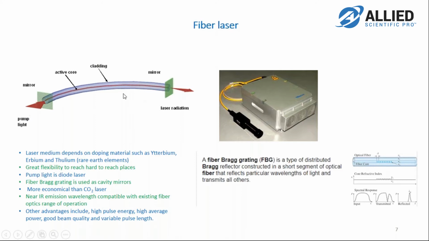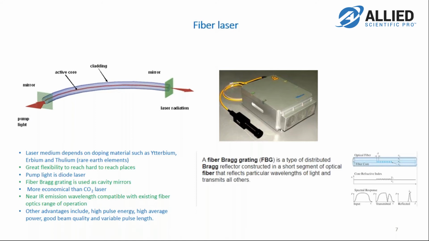The medium could be pumped by a diode laser, and all the radiation is contained within the fiber. So basically that gives great flexibility to the laser, because you can turn it, you can twist it, and you can get to hard to reach places.